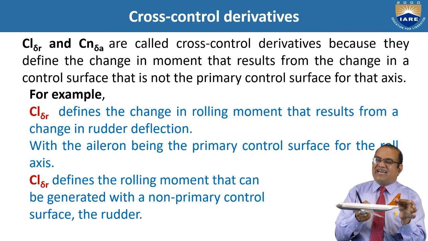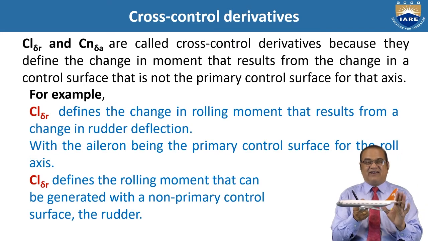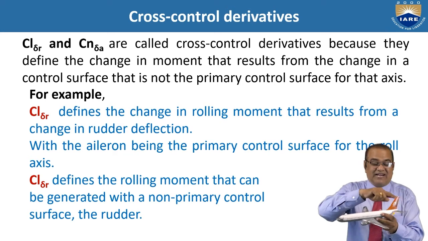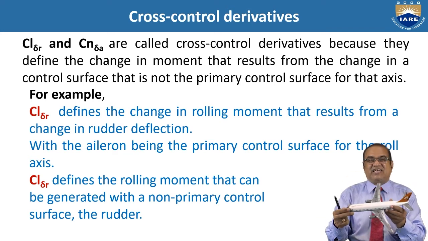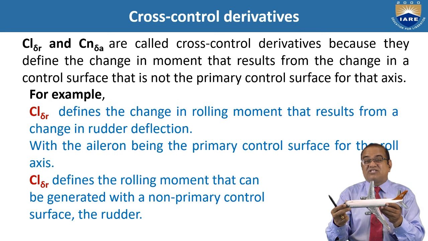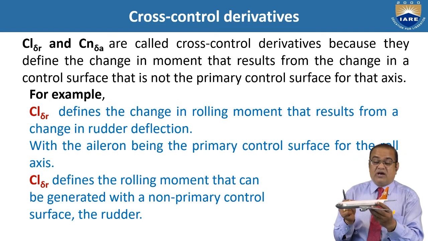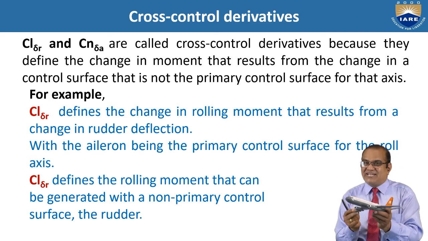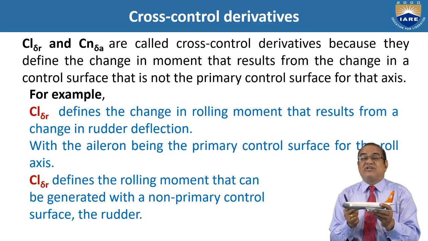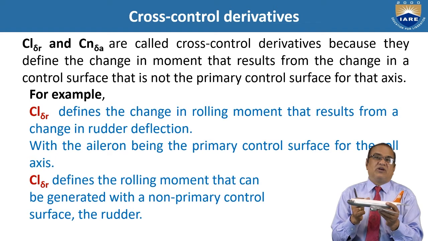So you are turning the aircraft with the help of the rudder, but due to this delta R deflection there is a rolling moment, and this rolling moment is negative, because the left is going down. If the right is going down, it is positive. So it is a negative rolling moment.